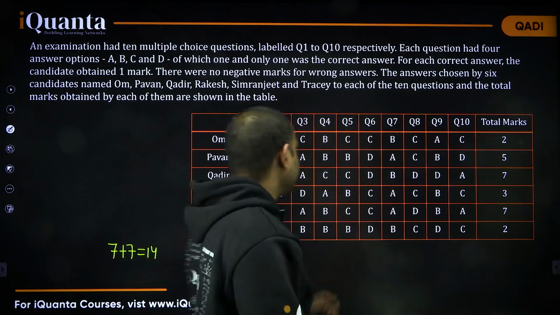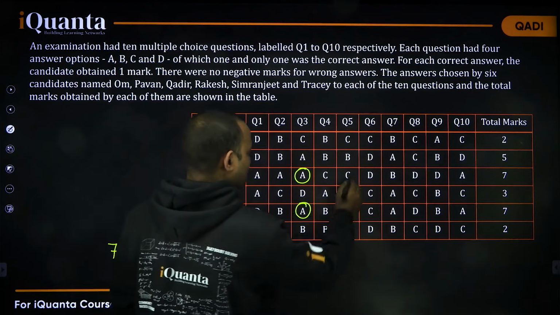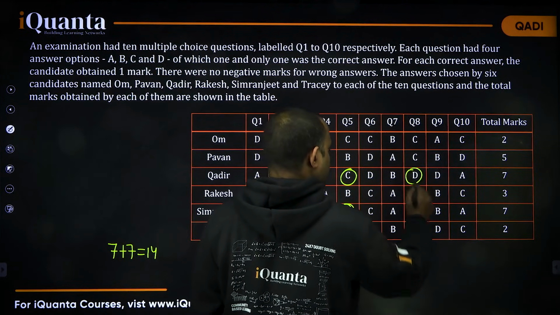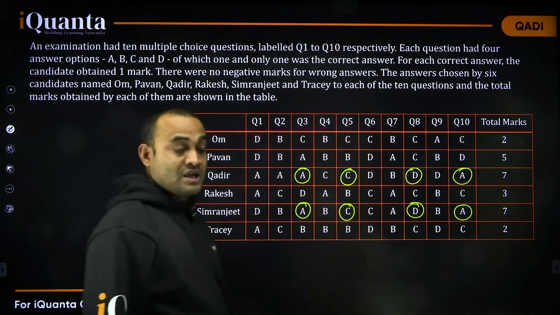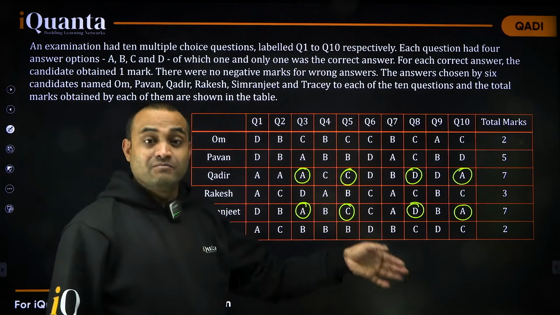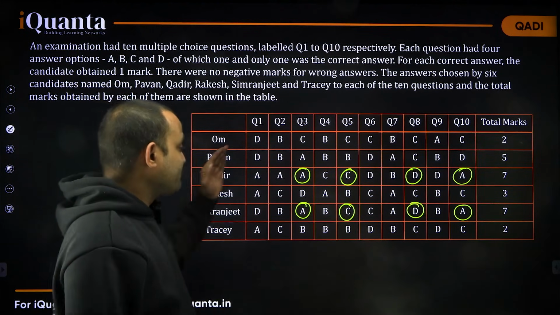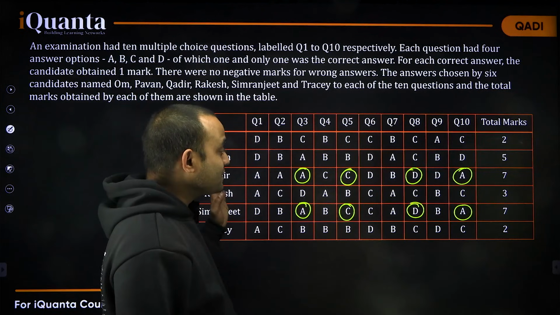But some answers given by these are common, like these two are common, this one is also common, question number 5, question number 8 common answers, question number 10 common answers. So in these cases, either both are wrong or both are correct. Now see, if both are wrong, what will happen in that case?